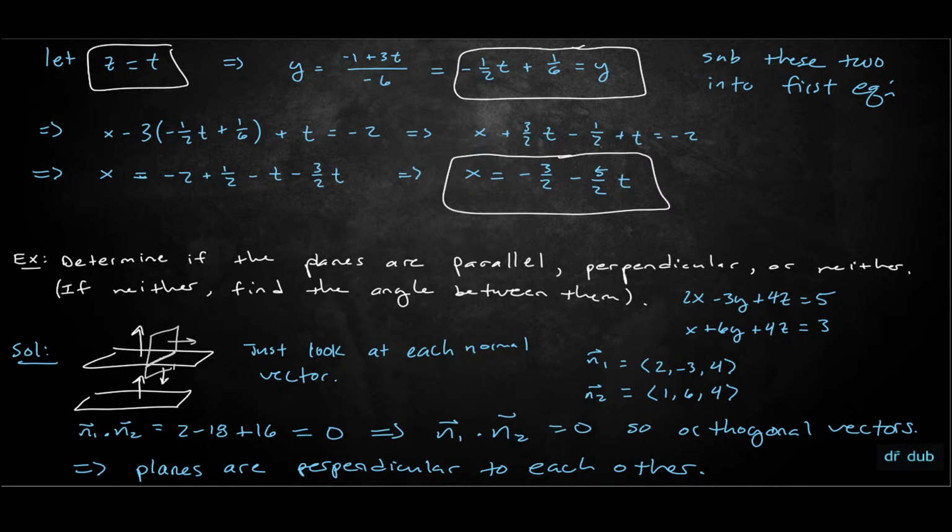But to do this, all you have to do is look at the normal vectors of the planes. And to find the angle between the planes, we just have to look at the angle between the normal vectors, and it would be the same as the angle between the planes. It may ask you to find the acute angle between the planes, because there could be, let me just draw an example, a plane that's slanted compared to the flatter plane like this.